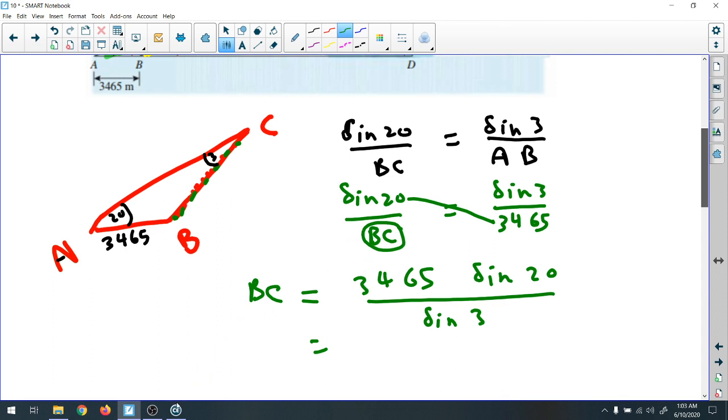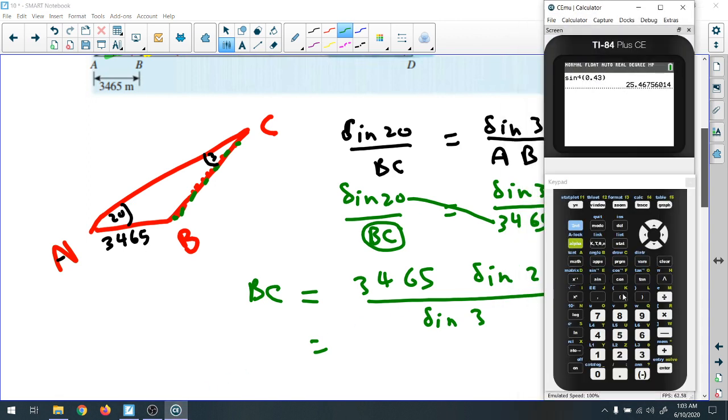Let's calculate that. 3,465 times sine of 20 divided by sine of 3.